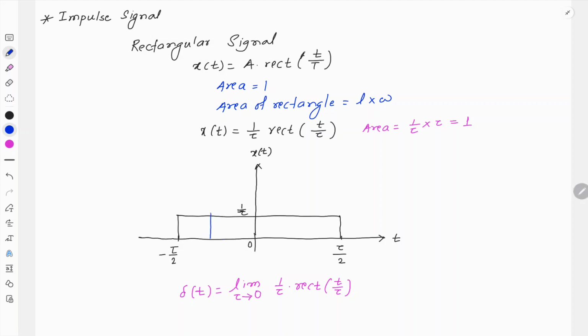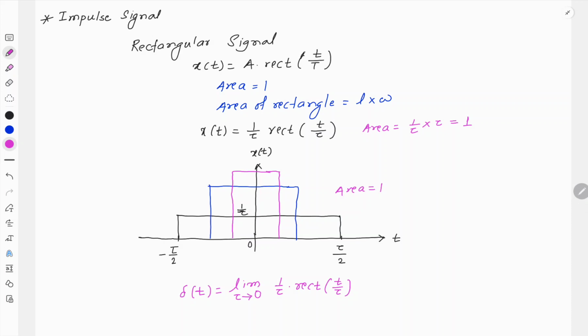So I will get a signal in this way. If I decrease it further, its height is going to rise. So for all the cases, area of all the rectangular pulses is equal to 1.